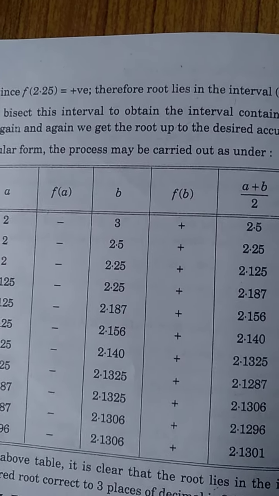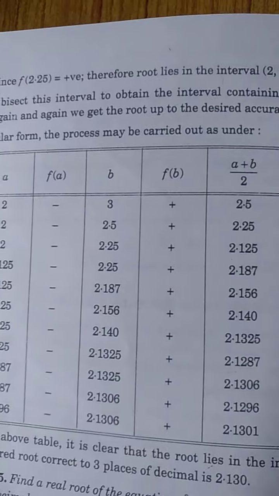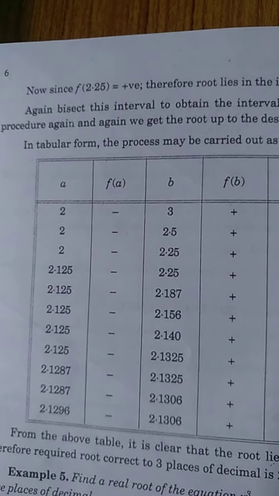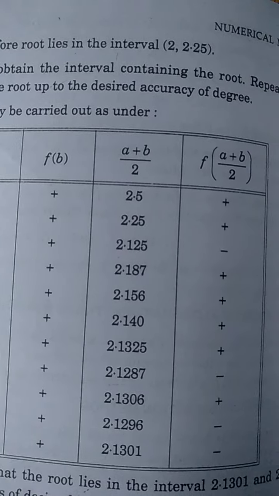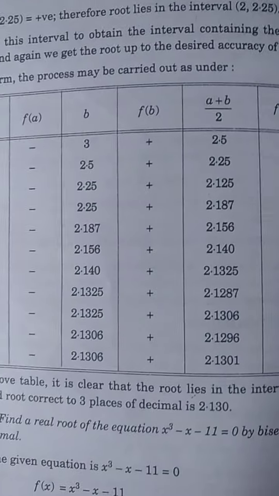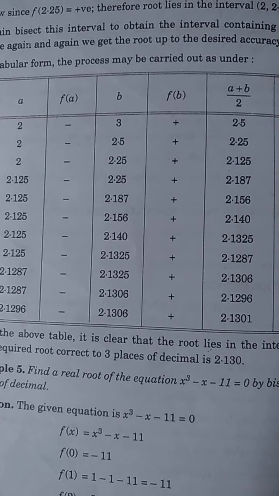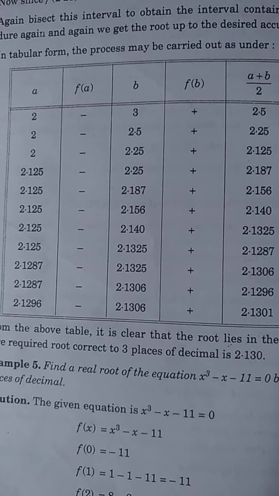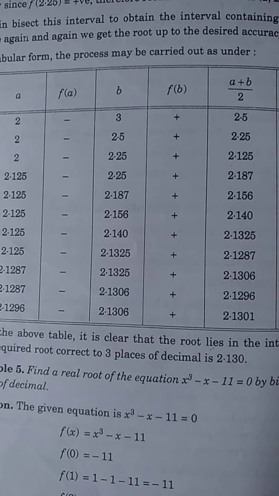Again bisect this interval to obtain the interval containing the root. Repeating the procedure again and again, we get the root up to the desired accuracy. In tabular form, the process may be carried out as under: a, f of a, b, f of b, (a plus b) by 2.